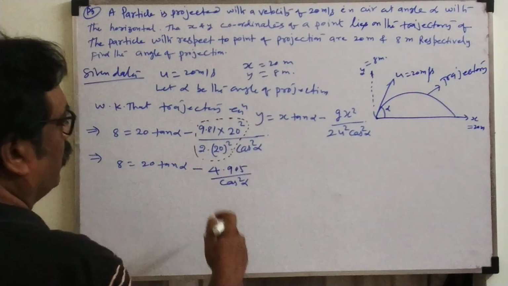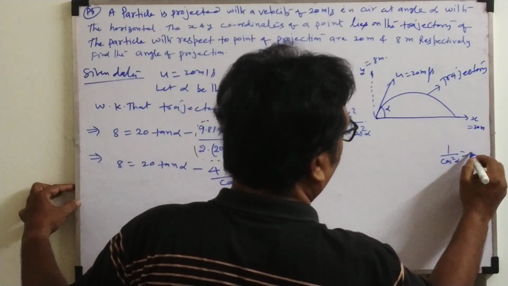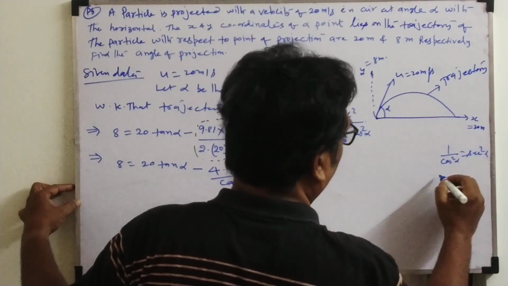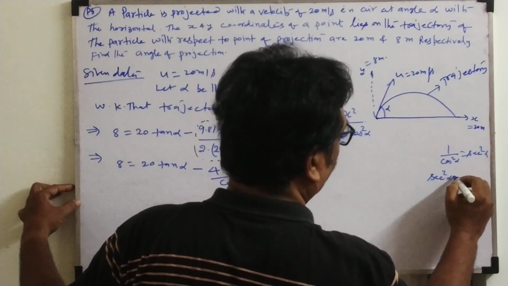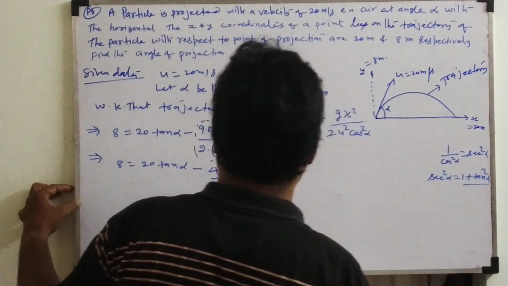Now 1 by cos square alpha we can write as sec square alpha, and again sec square alpha is equal to 1 plus tan square alpha. This we will write here.